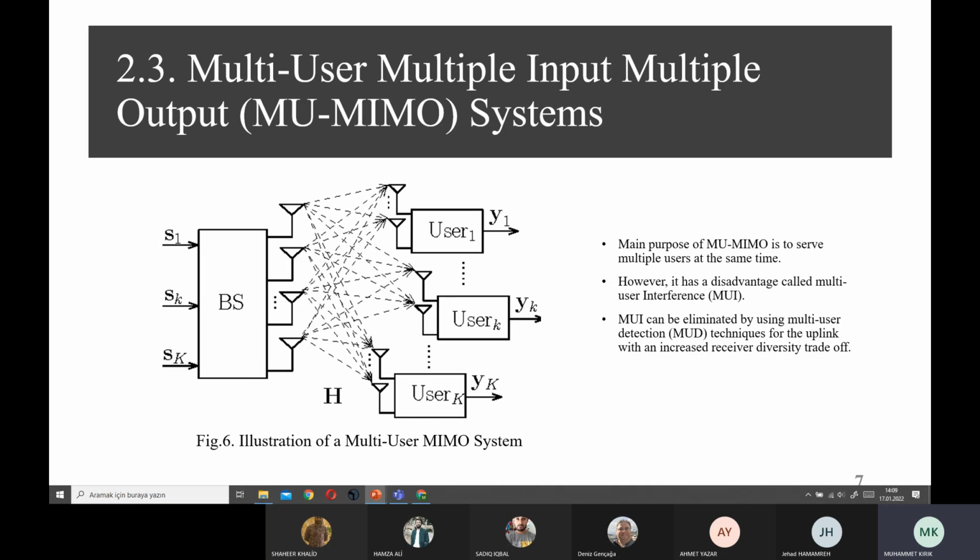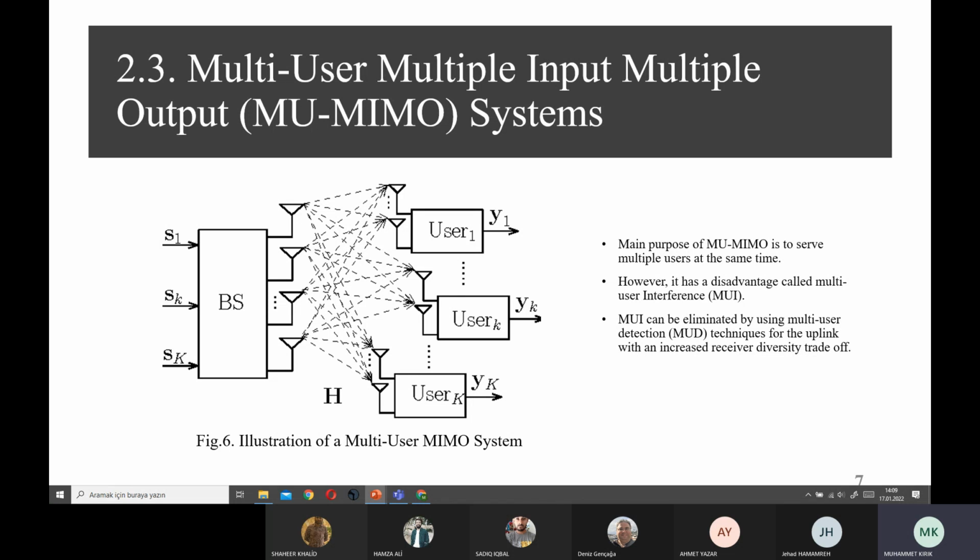How we do this is we create a channel matrix where each user's data can only be pre-coded by that user's transmit antennas. When we do that, we can serve different users, but in this case, we have a disadvantage called the multi-user interference, the MUI.